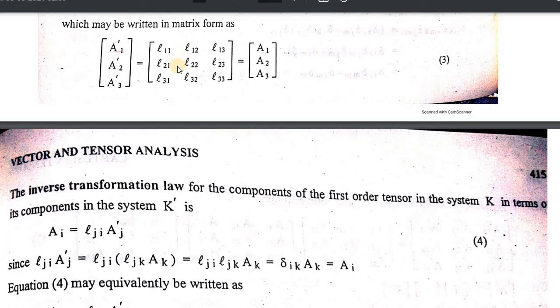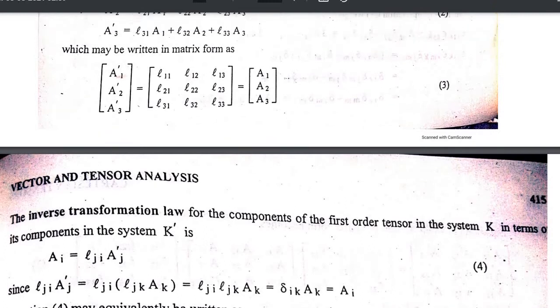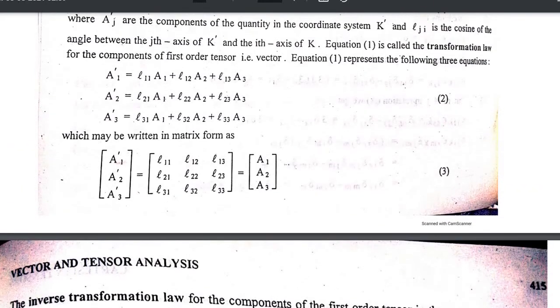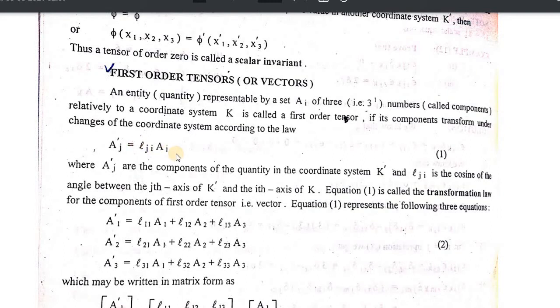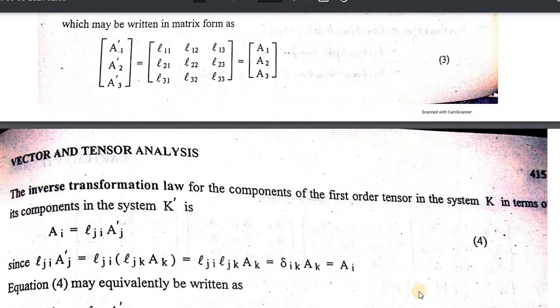If we write the inverse transformation of this tensor of rank 1, then the first expression was a_j dash is equal to l_ji a_i. Now if we want to find the inverse, we only change this expression. The coordinate system was K first, and in the inverse transformation the coordinate system of the components will be K dash, and this will be a_i is equal to l_ji a_j dash.